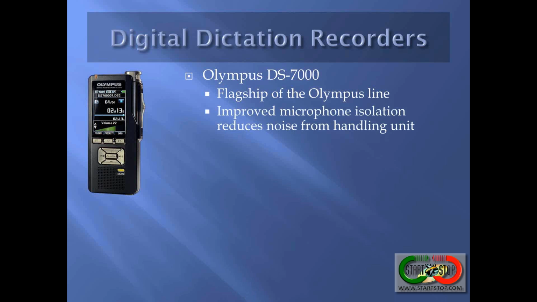Sometimes just on a digital recorder, just moving your thumb a little bit on the recorder can create noise in your recording. This microphone has much better acoustic isolation from the body of the recorder, so that you don't pick up those noises.